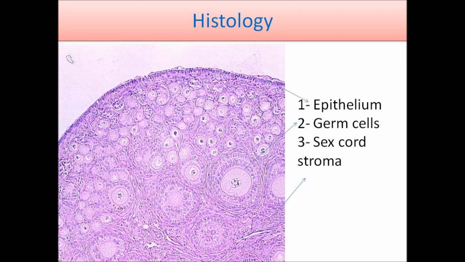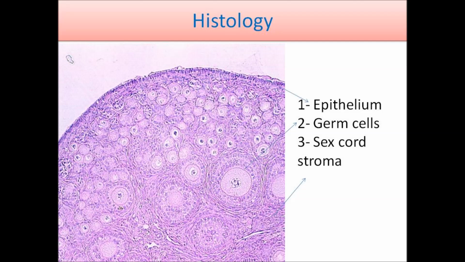So, first, to understand the origin of the ovarian tumors, we must understand the histology first. The ovary is made up of three main components, as you can see in this picture.